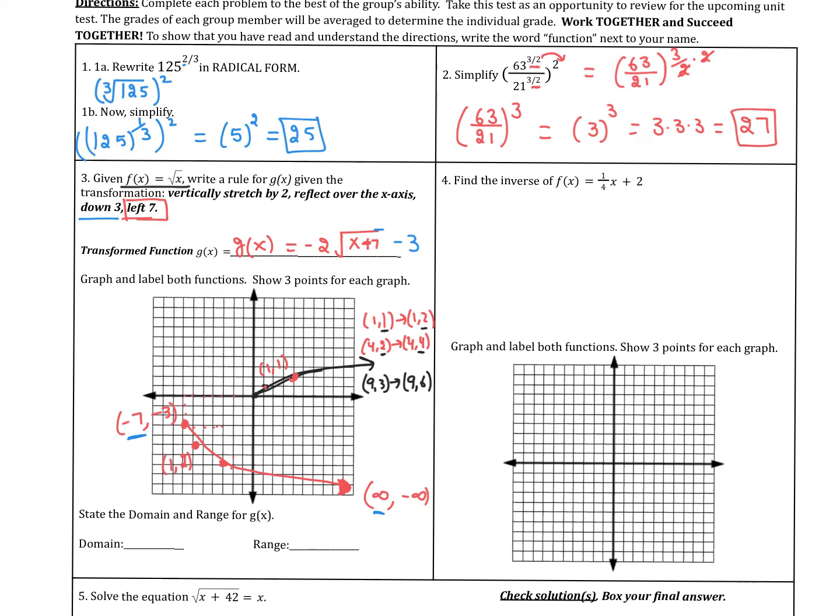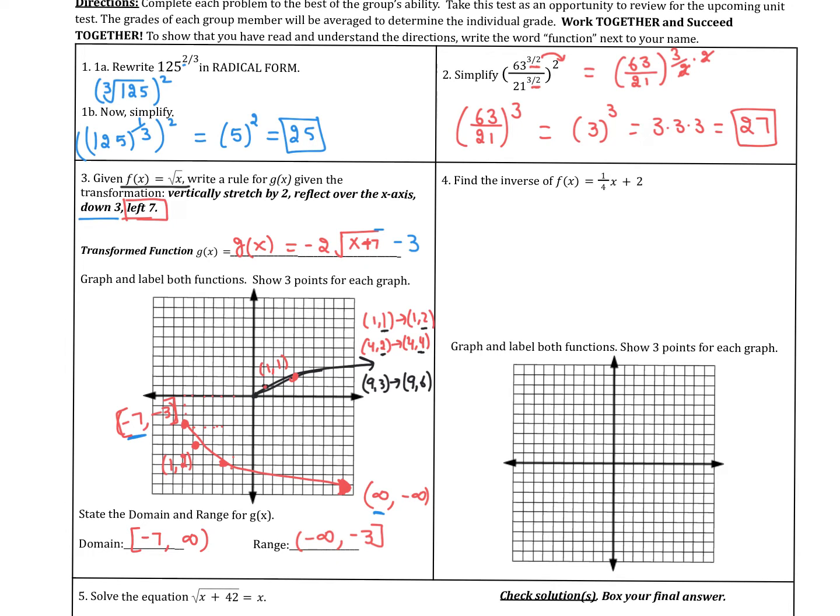Let's make them in a closed bracket. If you write the domain, you got to write [-7, infinity). And when you write the range from minimum to maximum, you have to write (-infinity, -3]. Always write from minimum to maximum.